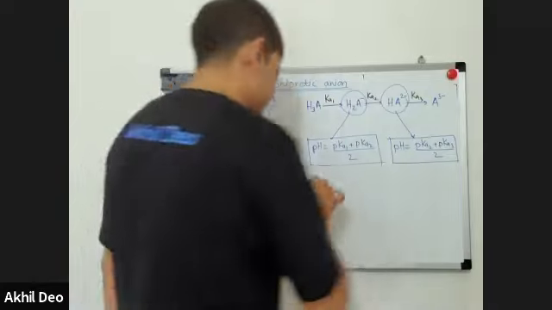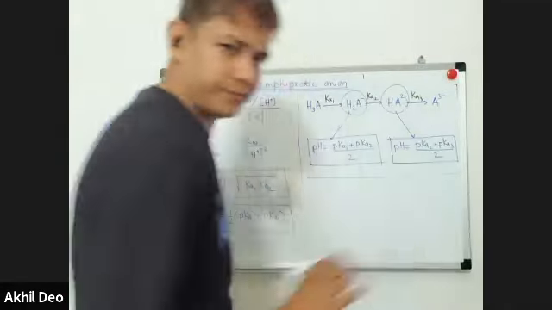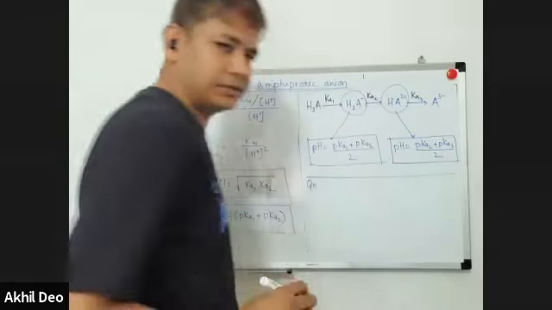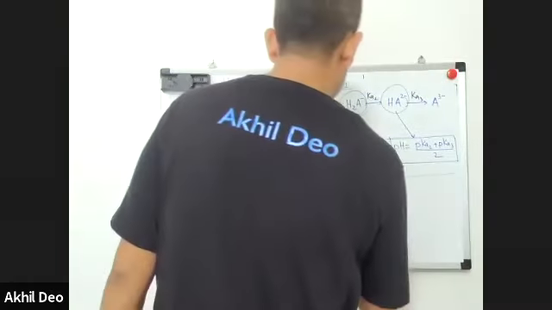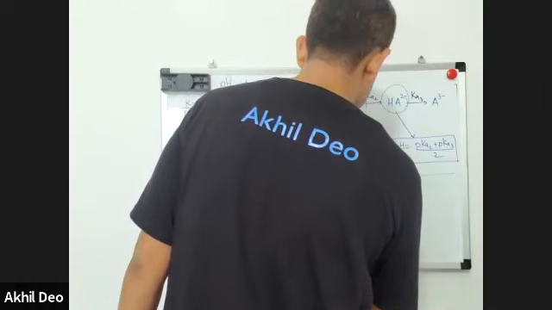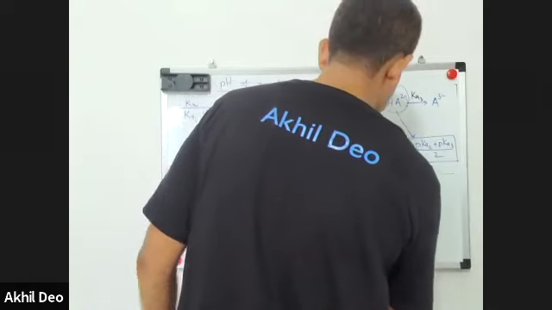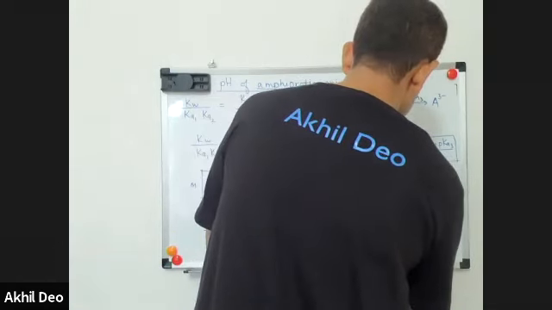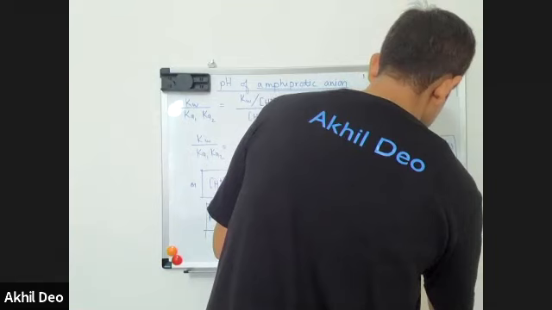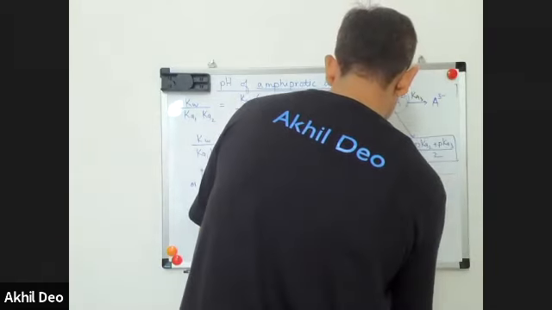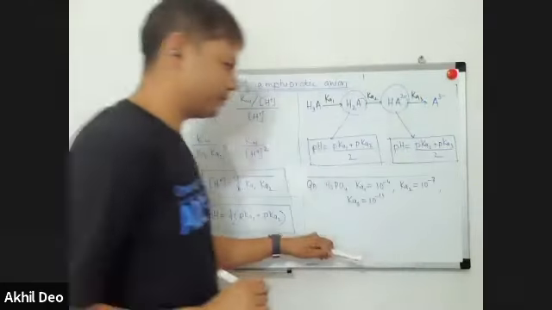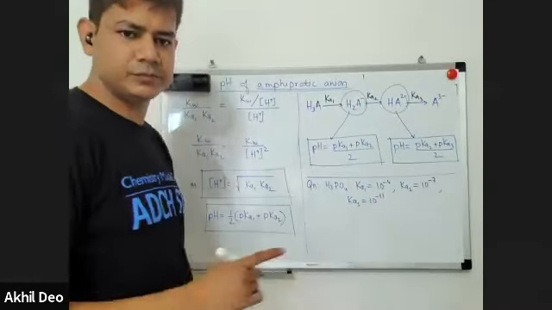Okay. One simple question we can do. Given that for H3PO4, the ionization constants are K1 is 10 raised to minus 4, K2 is 10 raised to minus 7, and K3 is 10 raised to minus 11. For H3PO4, the K values are given.